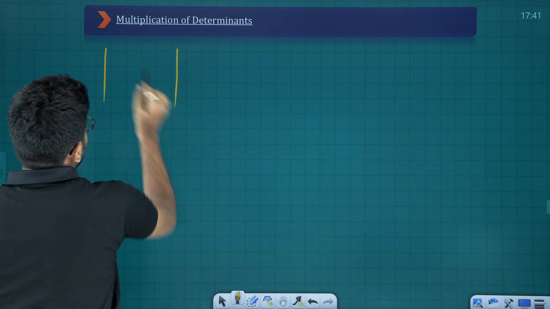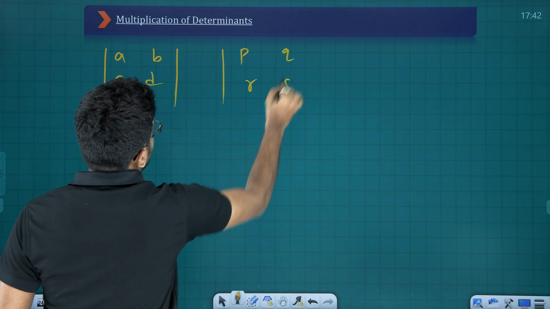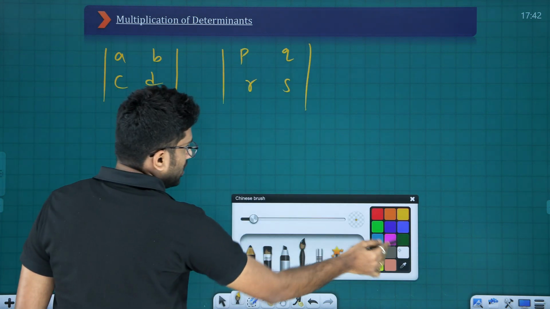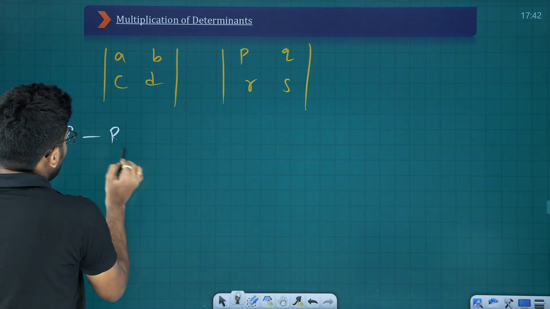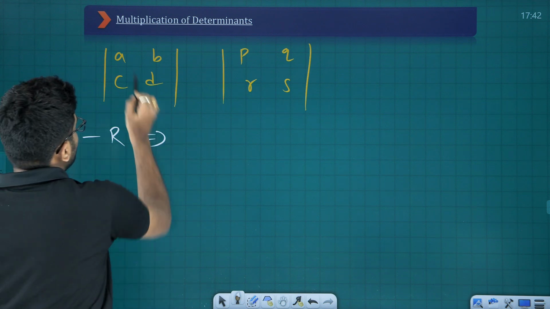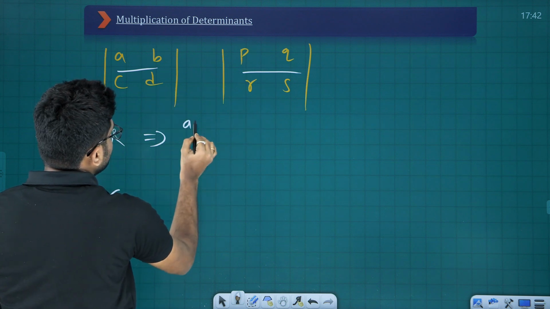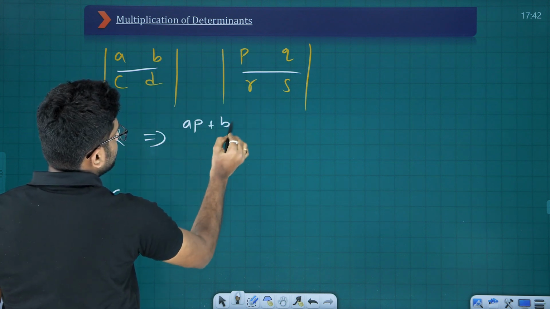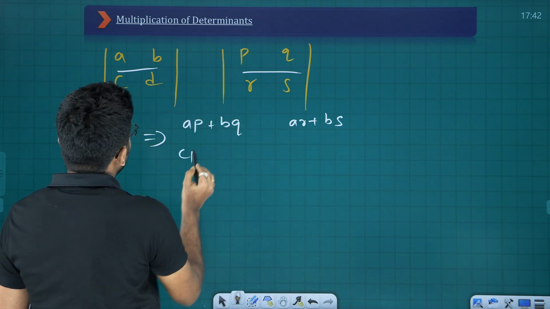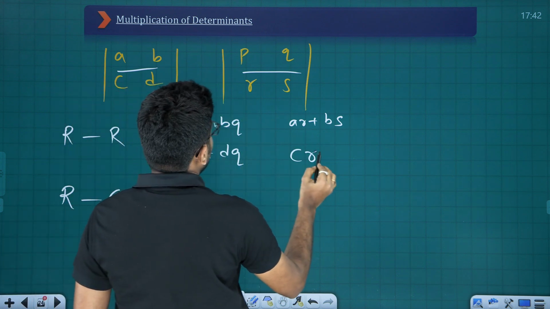Next, multiplication of determinants. If we have 2 determinants, friends, let's say A, B, C, D and P, Q, R, S. One way is to expand each determinant and then multiply, or if you wish to multiply directly, you can multiply either row with row or row with column, the general method which we use in multiplication. Row with row means AP plus BQ, AR plus BS, CP plus DQ, CR plus DS.